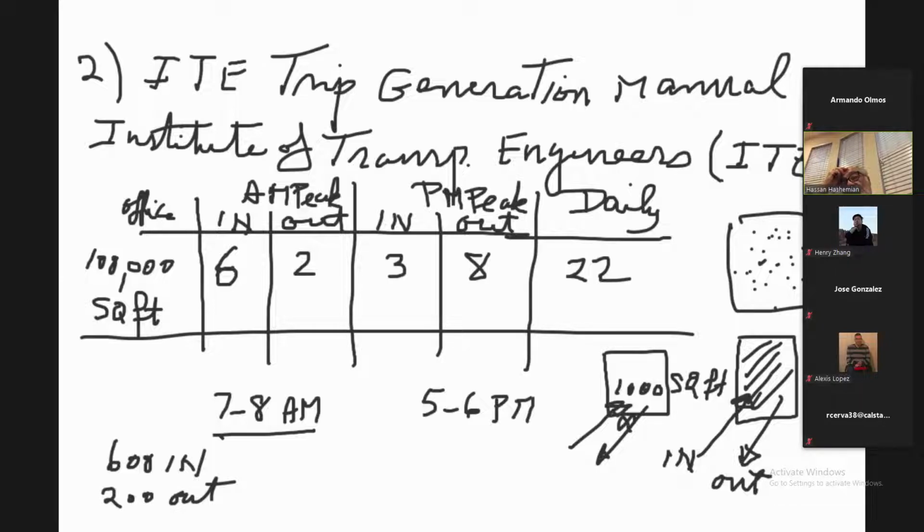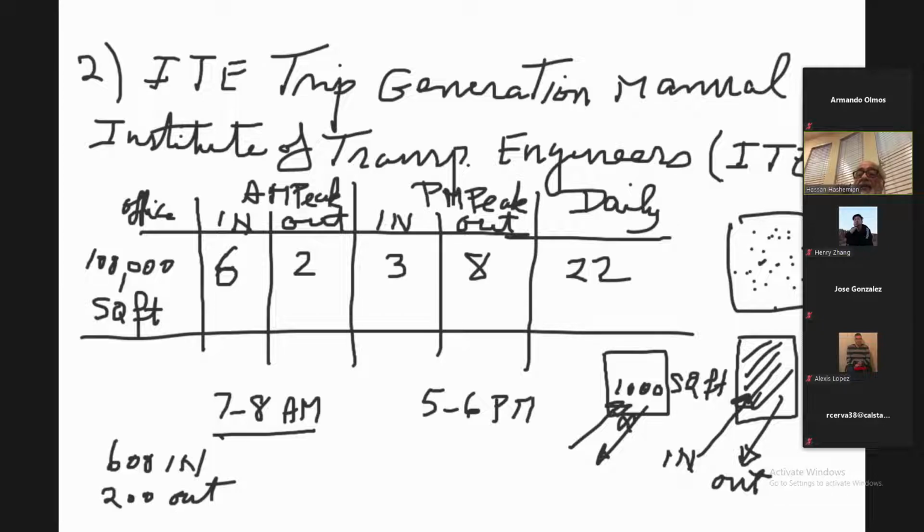Theater, shopping centers, even schools, universities, any type of development that's happening, they have trip generation rates on it. Even if they don't have one, because they might not have gotten the data, they usually put it out as a contract for people to gather the data and find the trip generation rate on that.